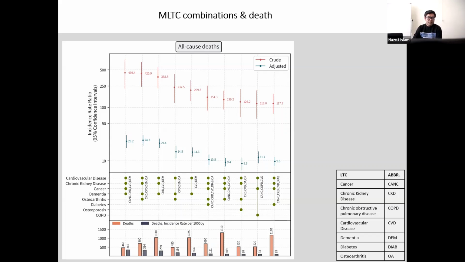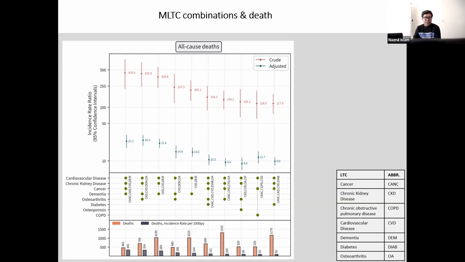Now, interestingly enough, the most frequent one was chronic kidney disease, and the most fatal combination was CVD and dementia, as you can see from here.